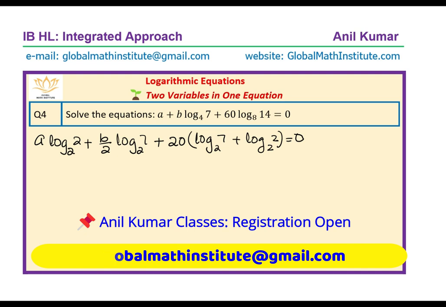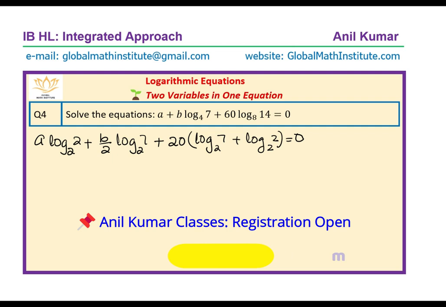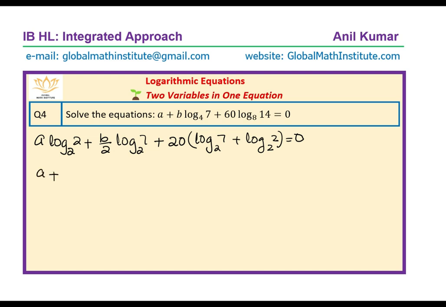Now we can combine the terms log to the base 2 of 2 and log to the base 2 of 7. So we get a plus 20 of log to the base 2 of 2, and log to the base 2 of 2 is just 1.